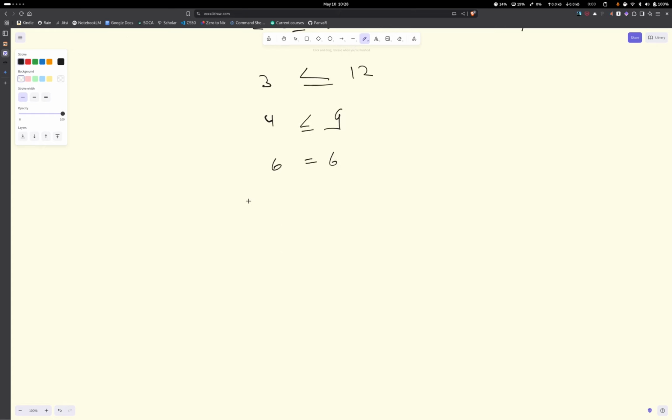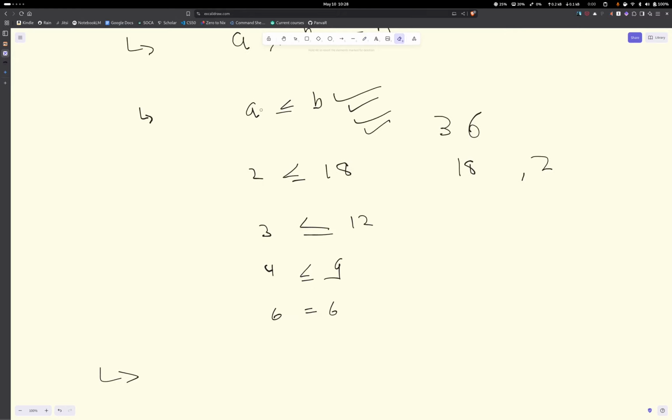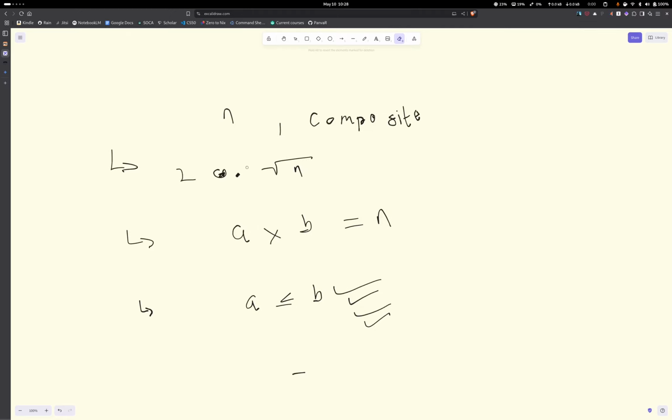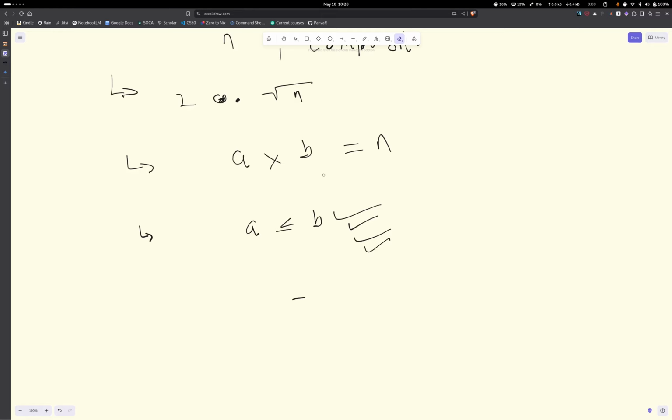So for any composite number, say we are saying that there are no factors between 2 and the square root of n, and then we are saying that a times b equals n.